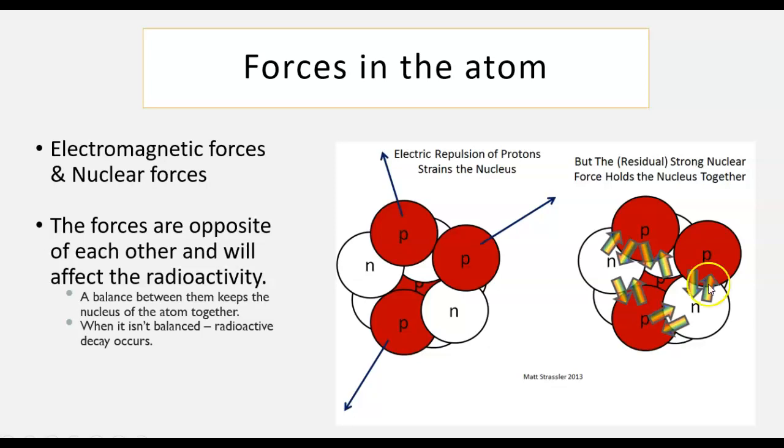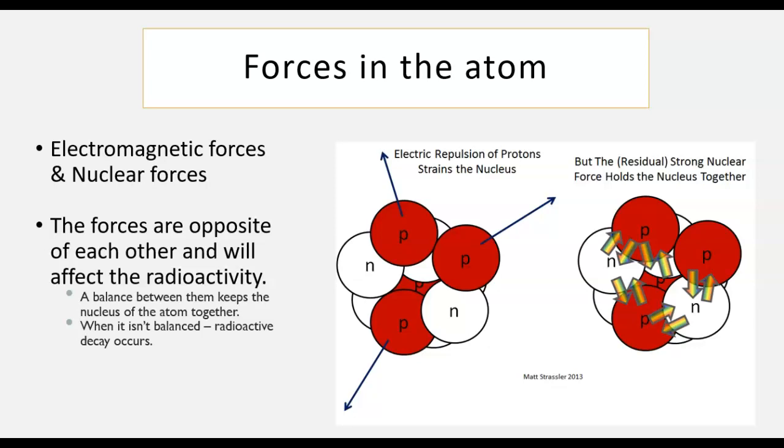So here's a picture of the electromagnetic forces that are in the nucleus. So the protons want to try to get away from each other. The neutrons are there to help balance out that force. So there's also a strong nuclear force. So in the nucleus, you're looking at electromagnetic forces and nuclear forces.